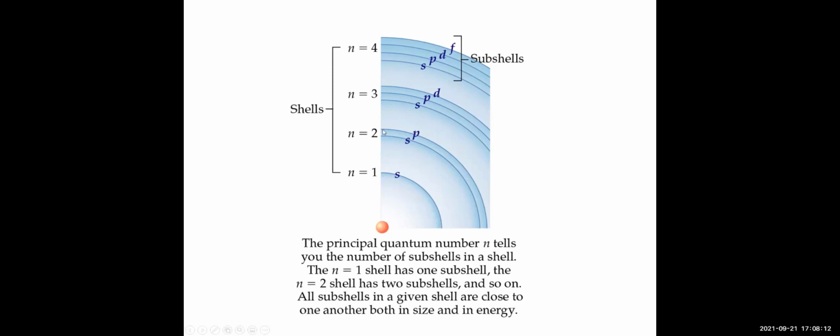On the second shell, you have a 2s subshell and a 2p subshell. On the third, you have 3s, 3p, and 3d. And then from 4 on out, you have 4s, 4p, 4d, 4f. So we're going to look at these now in more detail.